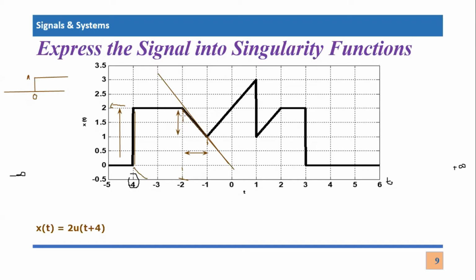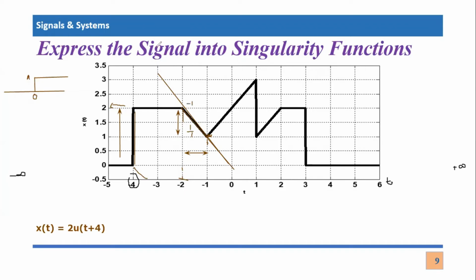The signal is decreasing, so at this point its value is 2, and at this point its value is 1. So to calculate its slope, the vertical distance is 1 and the horizontal displacement is also 1, so the slope is 1. In a ramp the most important thing is its slope. Furthermore, its slope will be negative because it is decreasing.